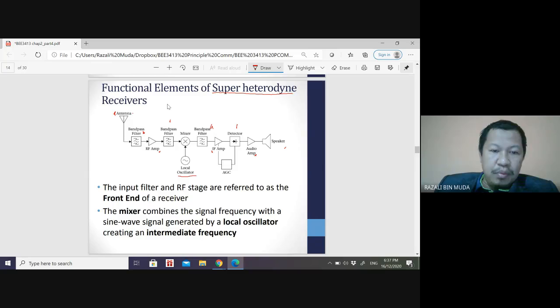The input filter and RF stage are referred to as the front end of a receiver. So here is the front end, up to here.